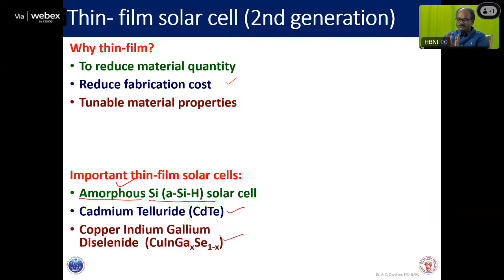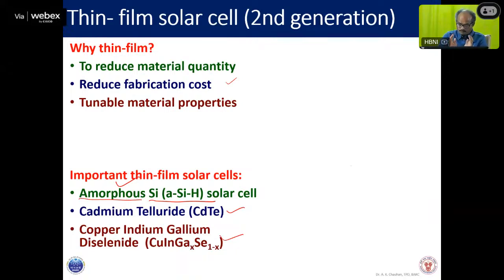We will go quickly, because the things are the same. You will have one P type layer, one N type layer, and one intrinsic layer, and then radiation will fall and be absorbed. Electron hole pairs will be generated, and they will be separated because of the built-in potential, and collected at the outer contacts.